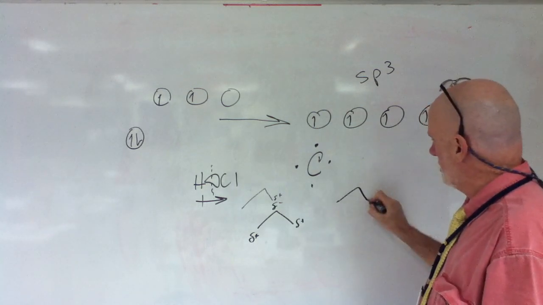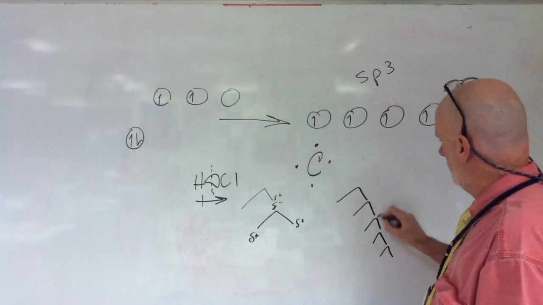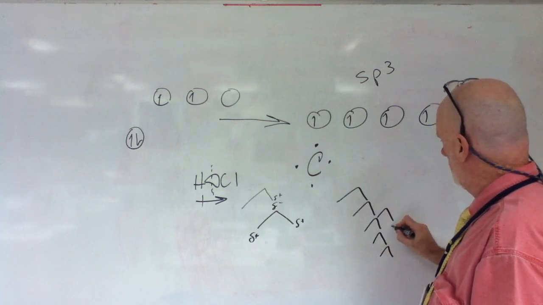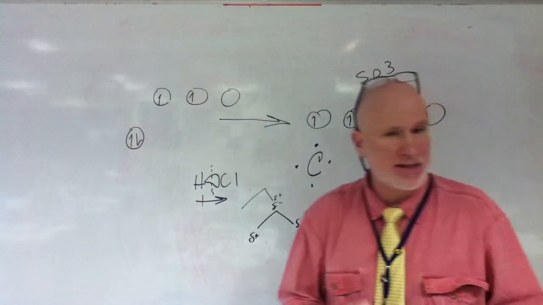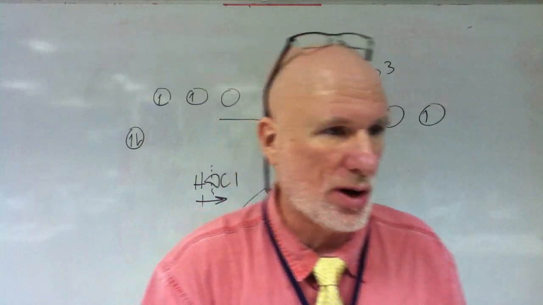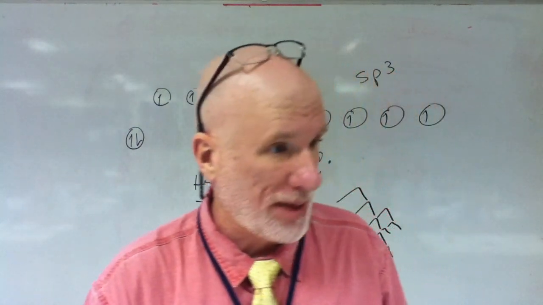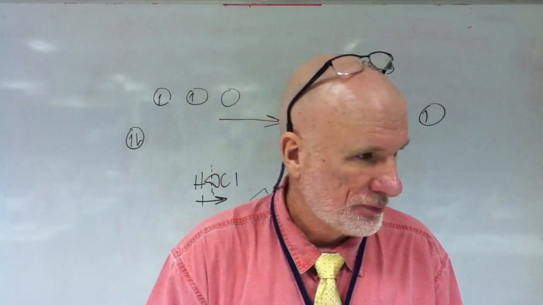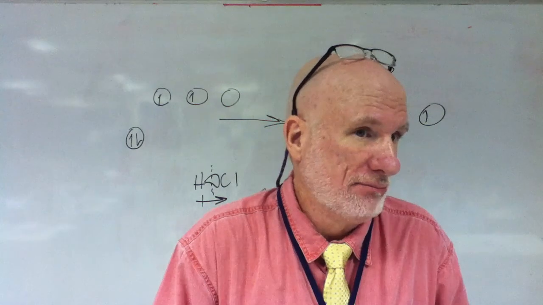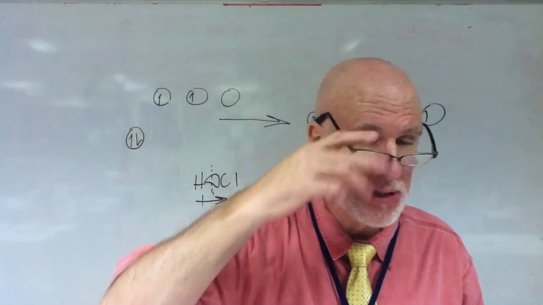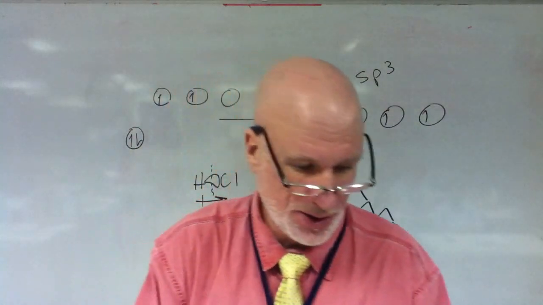So you can form this network of physical attractions called intermolecular bonds, sort of like a drop of water. Water is held together by hydrogen bonding, essentially. It gives water a lot of its properties, and when we do a chapter on water, hydrogen bonding is going to become very important.